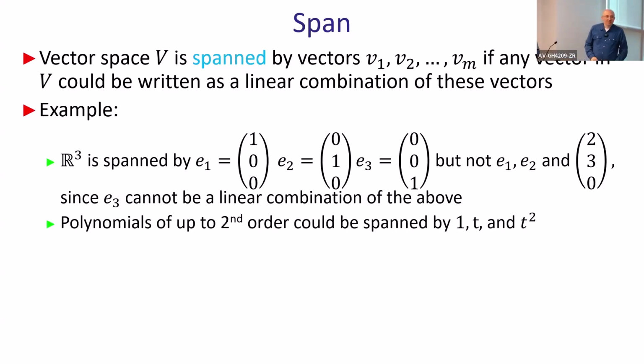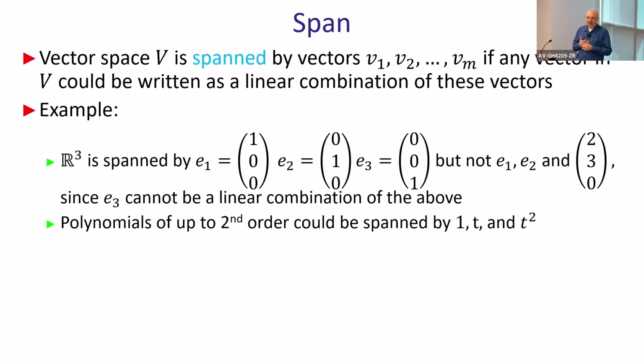Okay. Polynomials of up to second order could be spanned by these three polynomials. You can write any polynomial, and this is also, by the way, the standard basis of polynomials up to second order: 1, t, and t squared. These are the functions that you choose to represent any polynomial. So if you're taking alpha 1 times 1 plus alpha 2 times t plus alpha 3 times t squared, practically you can represent the same polynomial.